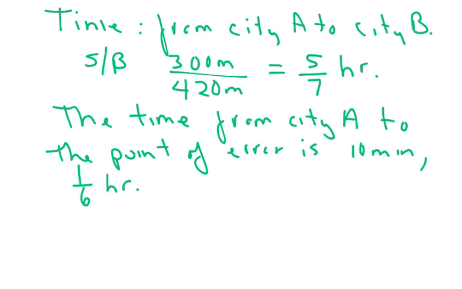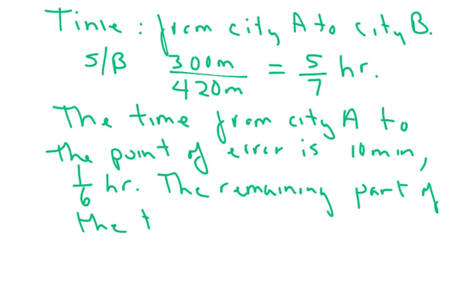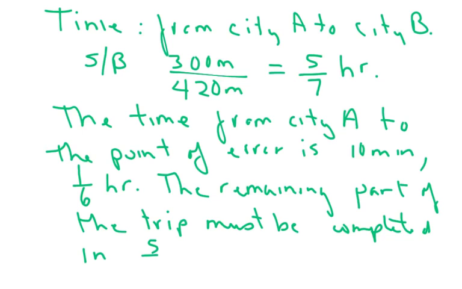Therefore, the remaining part of the trip must be completed in 5/7 minus the error, which equals 23/42 hours. Now, let's go back again and see what they're asking.